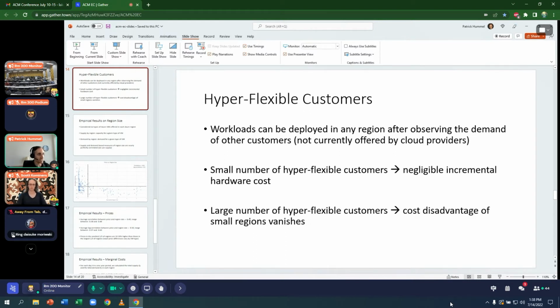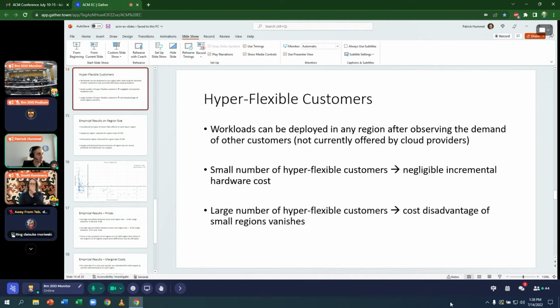You might imagine that some customers could be even more flexible than this and actually have the flexibility to migrate their workloads from one region to another after they've been deployed. And in our paper, we also present an analysis of these so-called hyperflexible customers, which we model as customers who can be deployed in a region after observing the demand of other customers. I won't get into too much detail on this since this is a short talk, but at a high level, we do find these hyperflexible customers can have a significant impact on capacity provisioning.